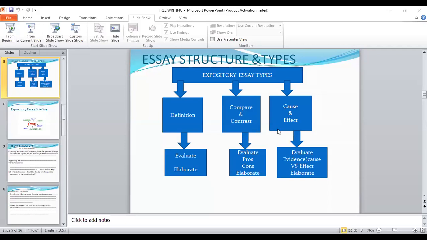Cause and effect, and then by this definition you will get evaluate and elaborate, and compare and contrast. These are the strategies I've just mentioned. Evaluate, see the pros and cons, and then elaborate. Cause and effect: evaluate the question stem first, then find the evidence, cause versus effect, and only then can you elaborate your essay perfectly.